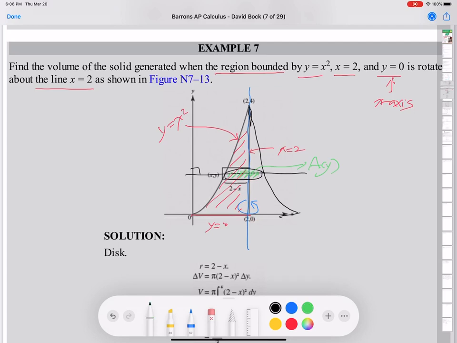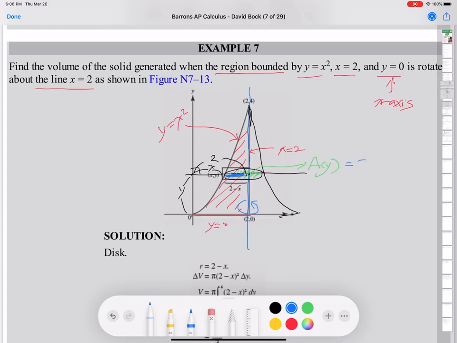The center is at x equals 2, and if this is y, this length is x, and this length is what? That's 2, because this line is x equals 2. So the radius of that cross-section circle is 2 minus x, right?